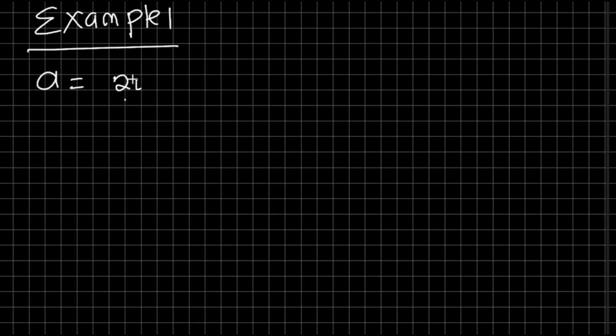Examples. Let's say example 1. Look at these vectors. A is 2i minus 5j. B is minus 2i plus 3j.